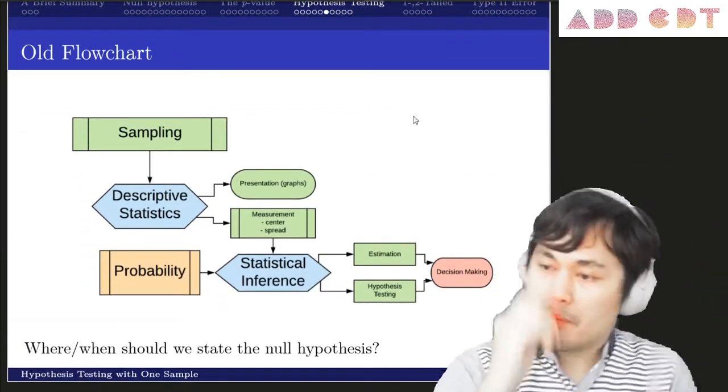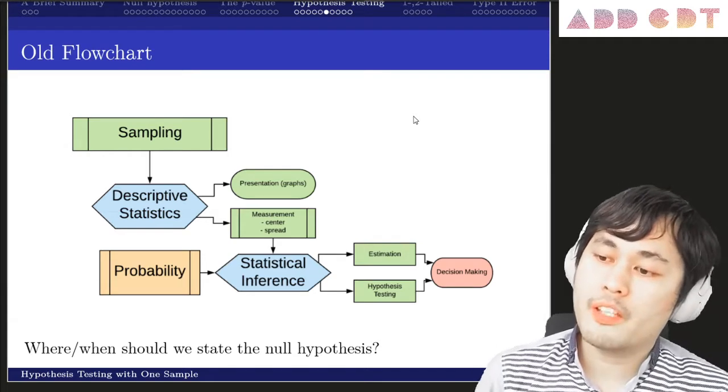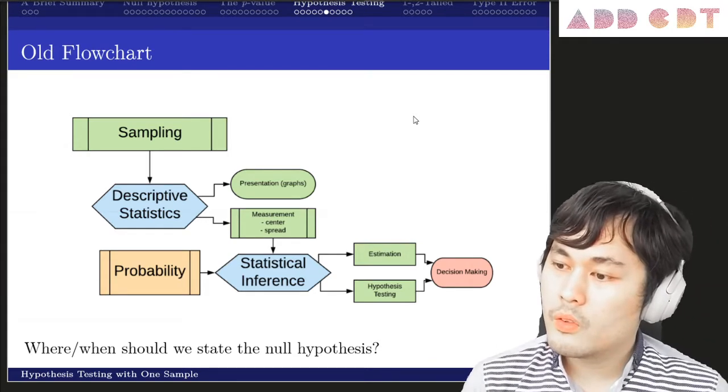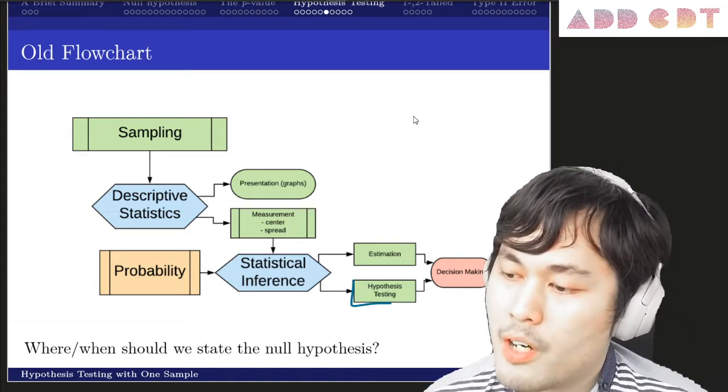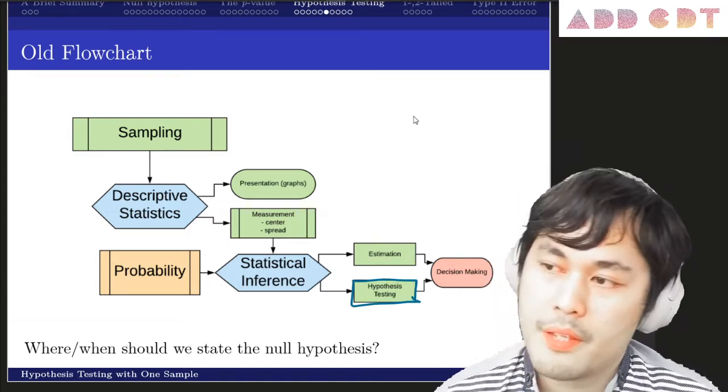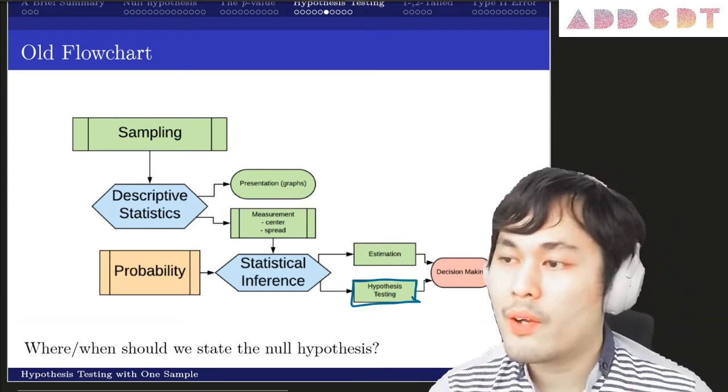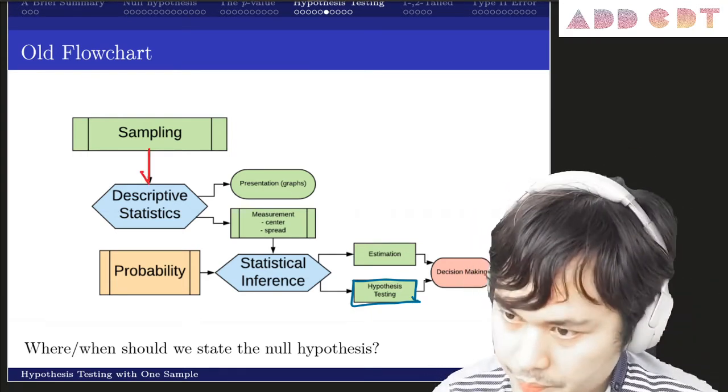So let's see what we should do here. From this flowchart, we see that if we want to perform the hypothesis testing, we are going to follow this arrow.